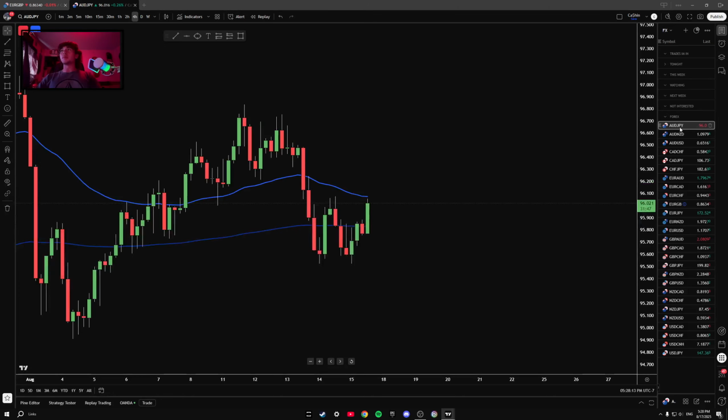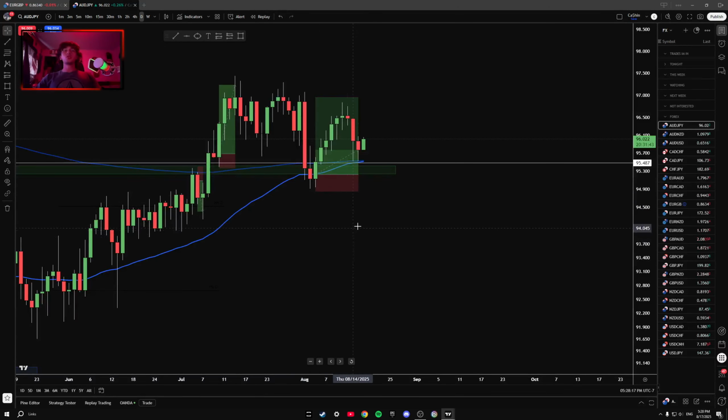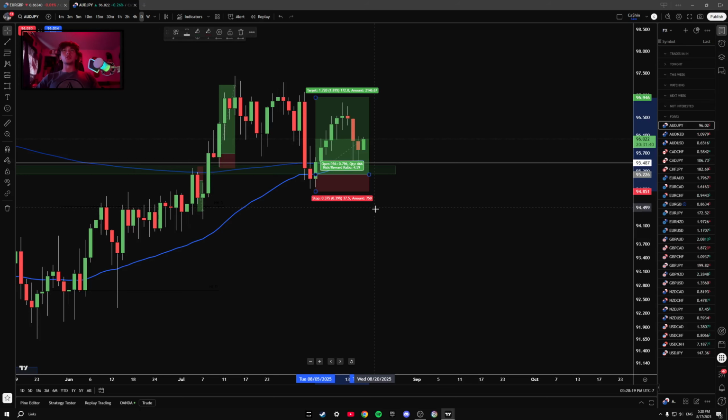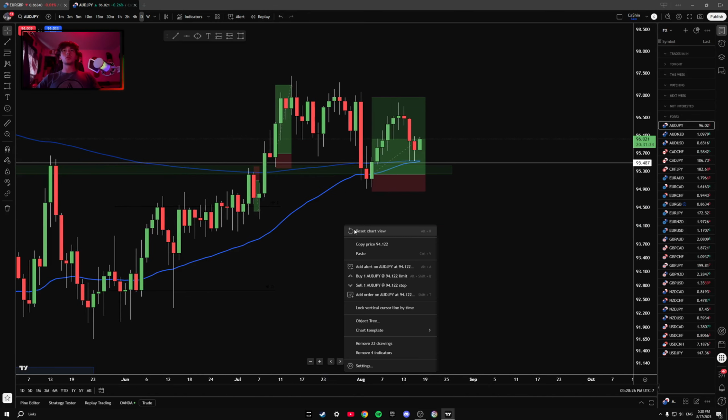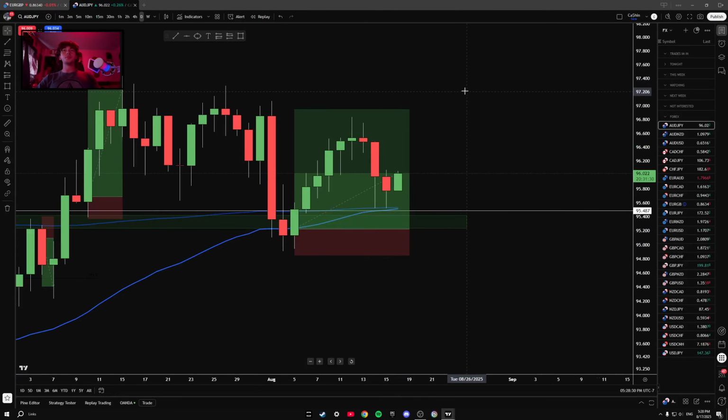Moving on to AUD JPY. So I actually marked out this trade like 2 weeks ago, I believe, and it still has not hit take profit. So yeah, good AOI.